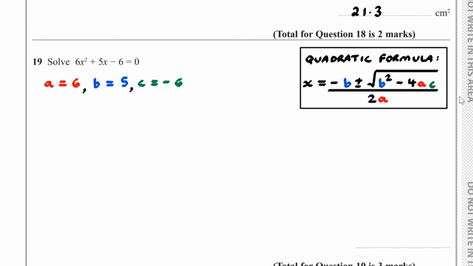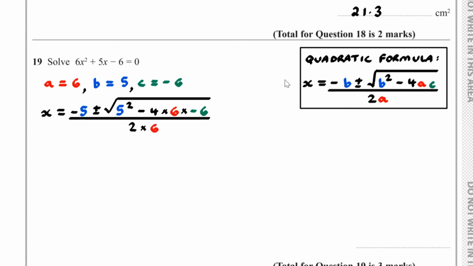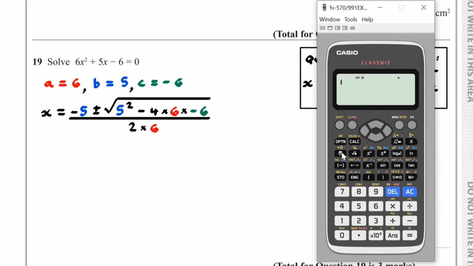So if we attempt to solve, we have x equals minus 5 plus minus the square root of 5 squared minus 4 times 6 times minus 6 divided by 2 times 6. So if we work this out, we've got minus 5 plus the square root of 5 squared minus 4 times 6 times minus 6 divided by 2 times 6.